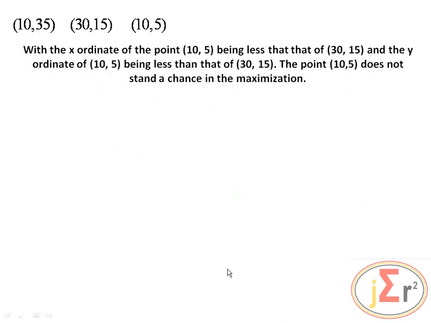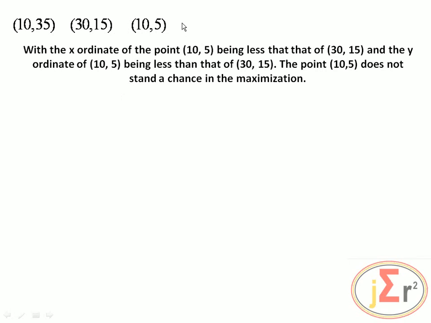Now, with the x-ordinate of the point 10, 5 being less than that of 30, 15, and the y-ordinate of 10, 5 being less than that of 30, 15, the point 10, 5 does not stand a chance in the maximization. So of course, which one does not stand a chance? This one. Because in this case, 10 is less than 30 and 5 is less than 15.